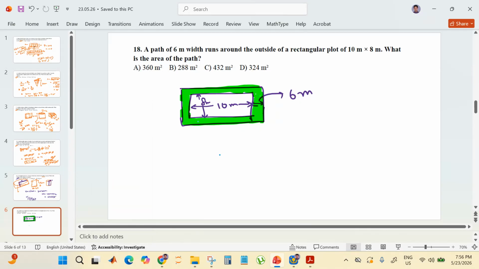To find the shaded area, that means the path area, you have to first find the area of the rectangular plot with the path.